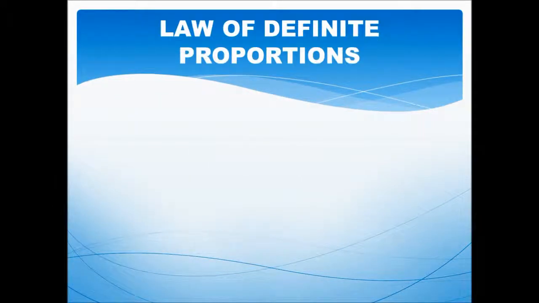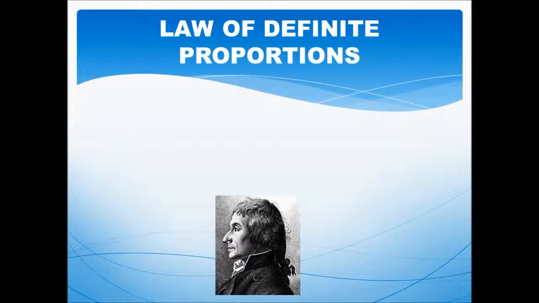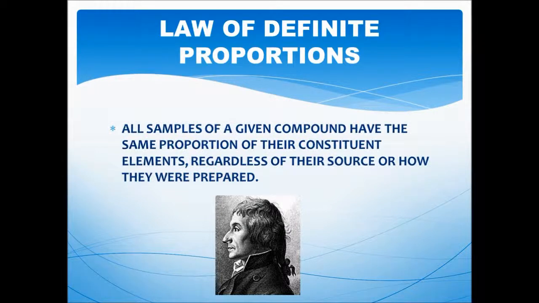So, the law of definite proportions came about when Joseph Proust noted, while he was experimenting, that elements of a certain compound always seem to react within a certain ratio, or their ratios appear to be fixed.